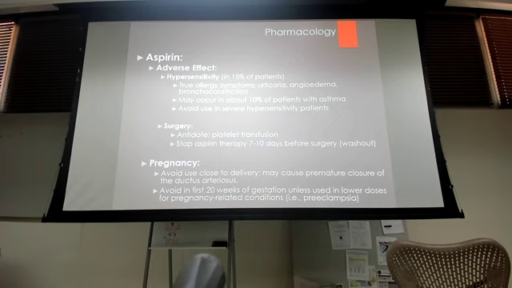So that's why you're stopping your medication 7 to 10 days, so that the platelets you have on board when you go under the knife are not inhibited by the irreversible binding of the aspirin to the COX-1 pathway. And we talked about that it may cause premature closure of the ductus arteriosus. That's an adverse effect with aspirin.